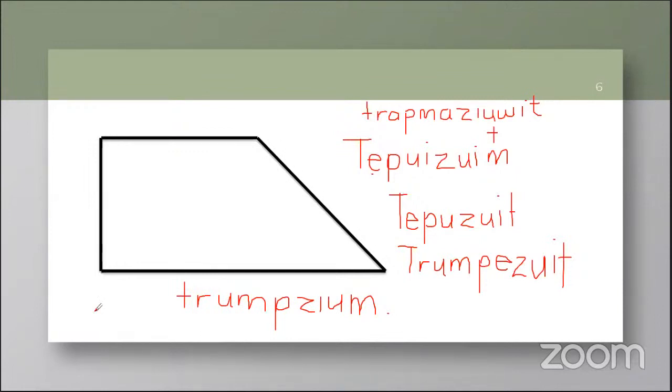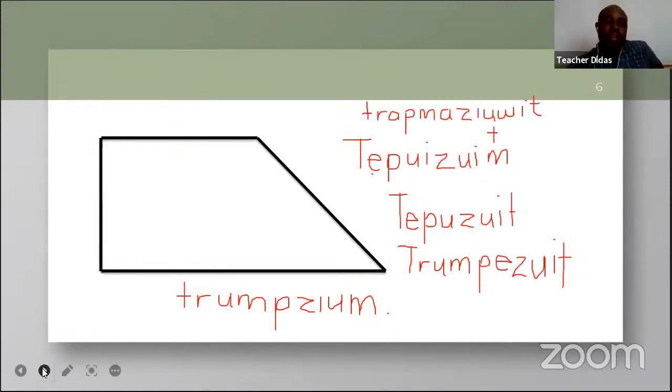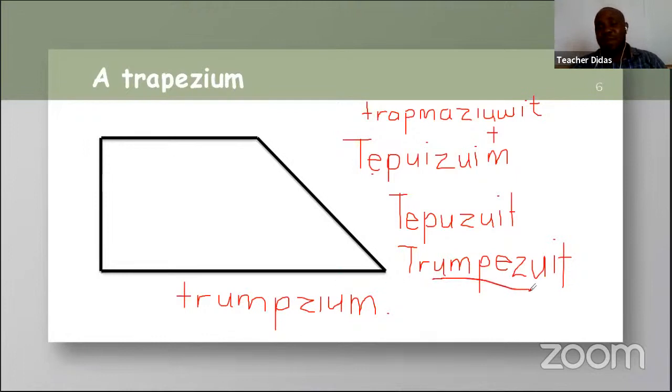So class, that's where we are. But I would like to tell you that this one is called a trapezium. That's the final answer. You can look at all your answers: trapezoid, trapezoid, trapezoid.